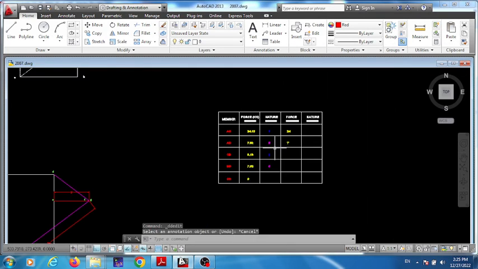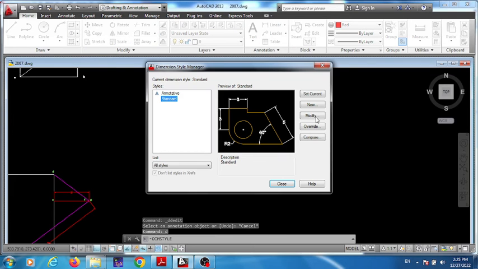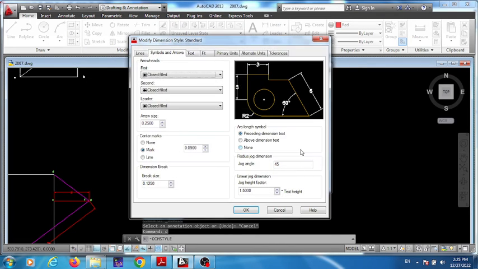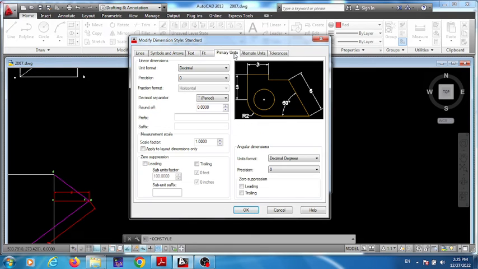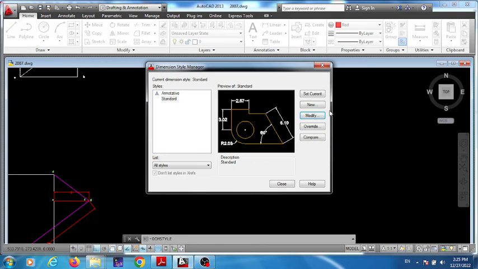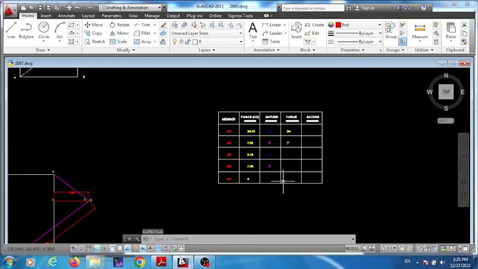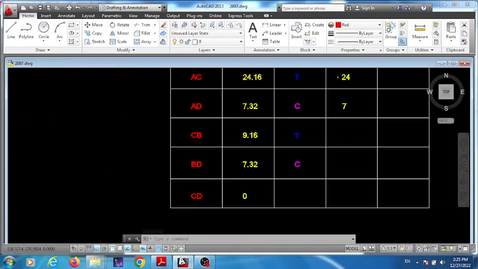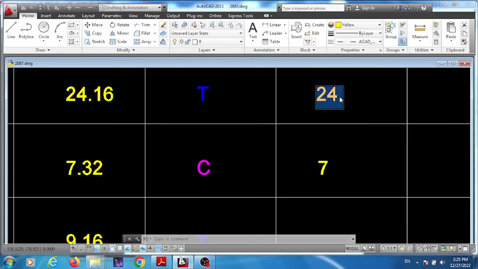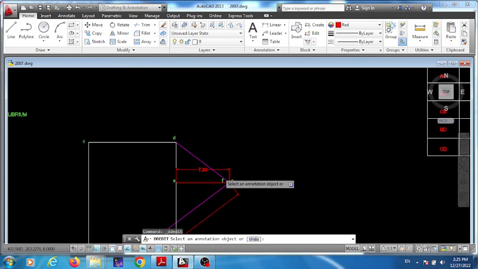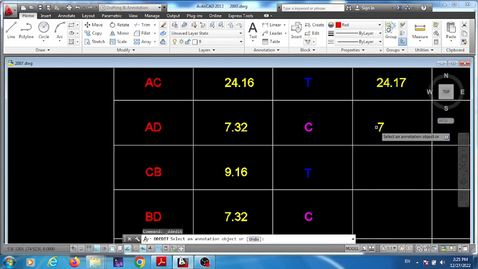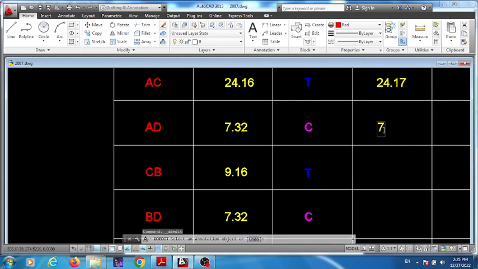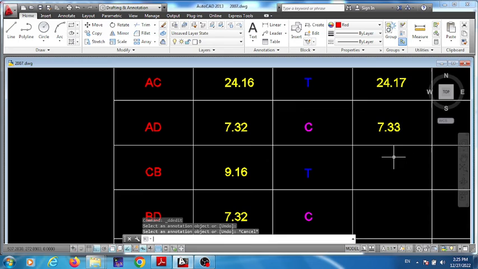Just a minute. Precision, if I put here 0.002, then we might get some closer value. Okay, it is 24.17, so you can see how close these values match, almost same. And here it is 7.33 and here it is 7.32. So this is the way you just have to measure.